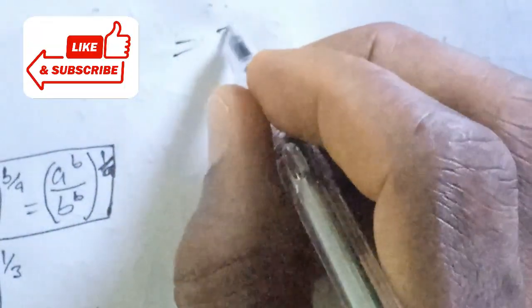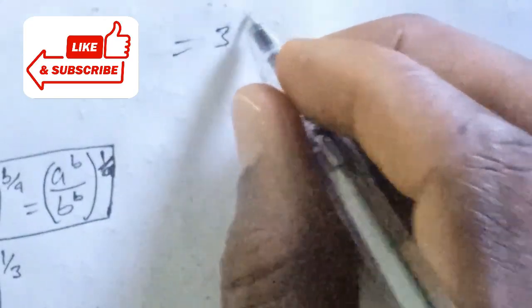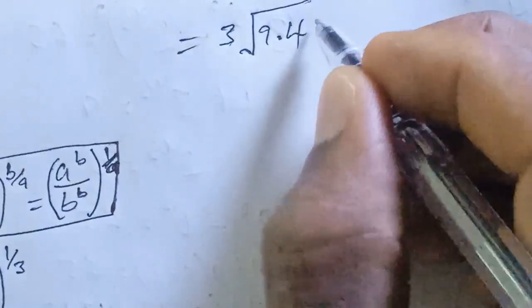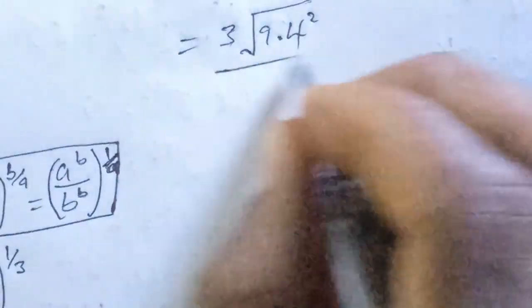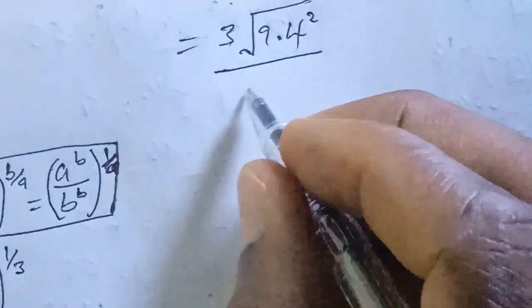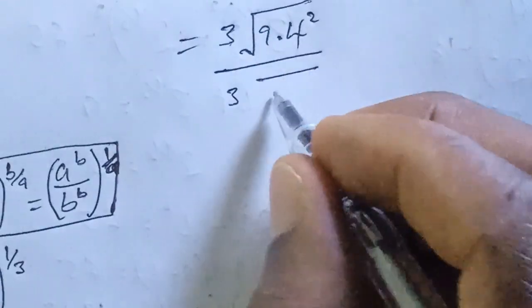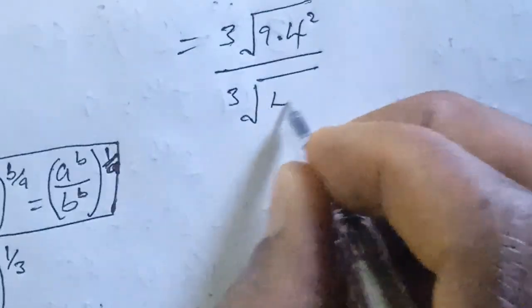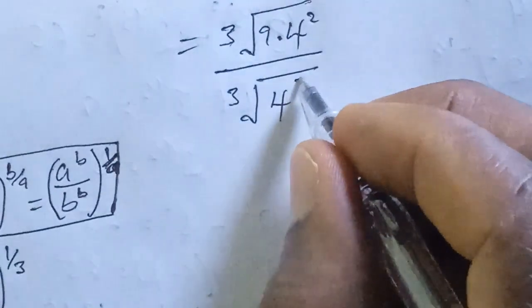And this will be equal to the cube root of 9 multiplied by 4 raised to power 2 over the cube root of 4 raised to power 3.